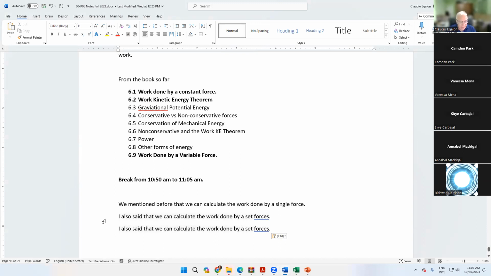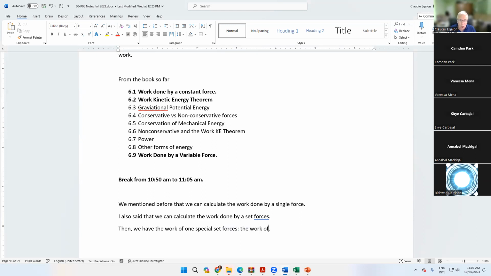Then there is one special set of forces. Then we have the work of one special set of forces.